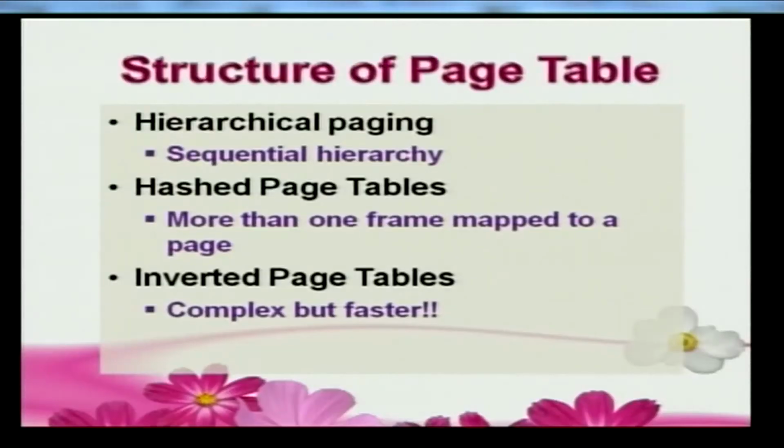Under the inverted page table scheme, in addition to the correspondence between a page and a frame, the process ID is also stored along with the P, F pair. Therefore, the process which corresponds to this P, F pair can also be easily identified in an inverted page table.